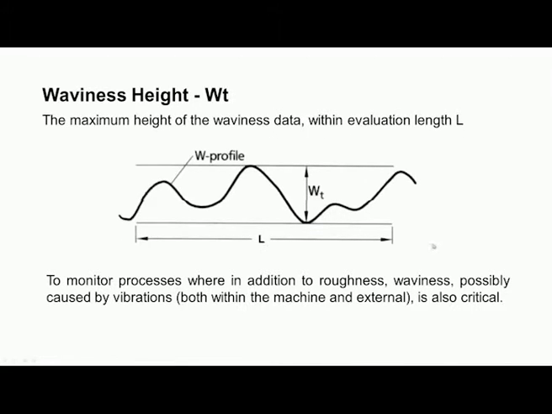This is the evaluation length and this is the peak and valley. So, this gap is known as waviness height and it is specified by the symbol Wt. This waviness height parameter is used where in addition to roughness, waviness is also critical.